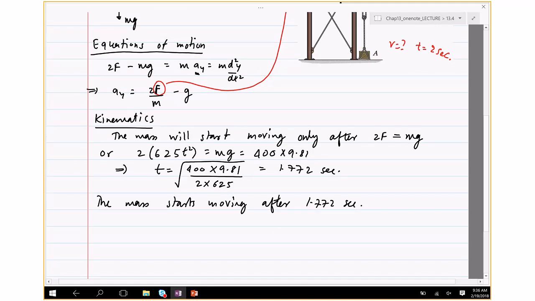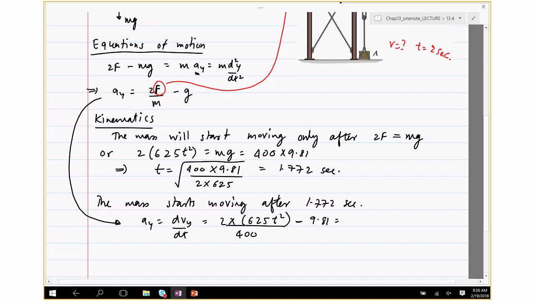Well, we use this equation now. What's AY? It's dVy dt equals 2 times F. F is 625 t square divided by 400 minus 9.81. So this comes out to be 1.563 t square minus 9.81.